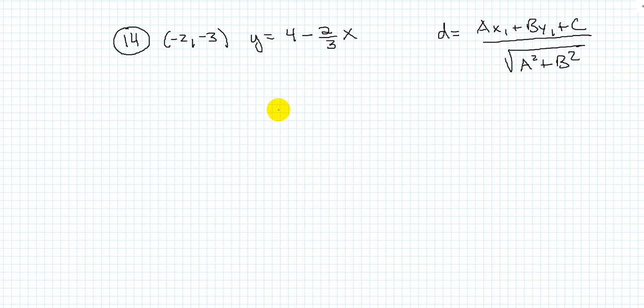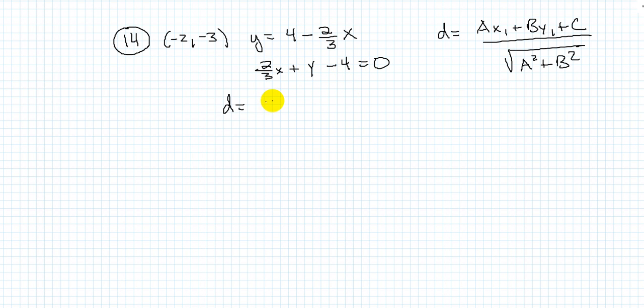Or hopefully you got the same answer. Alright, so distance equals, I forgot to put this in standard form. So on here, I like positive values, and so I'm going to rewrite this as 2/3 x plus y minus 4 equals 0.